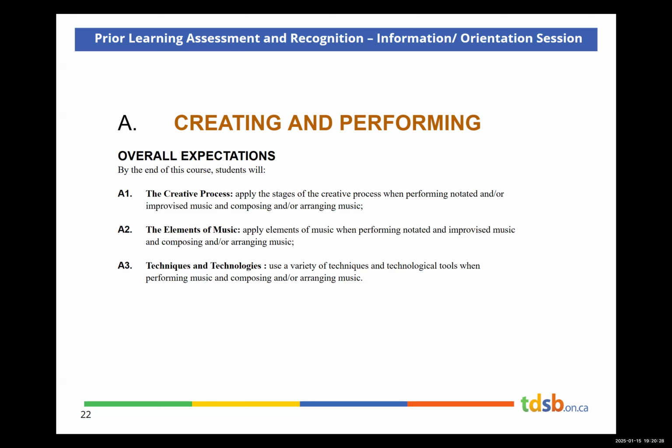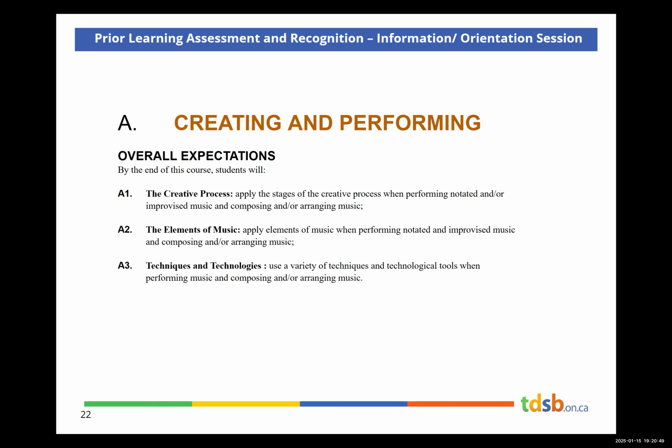And A3, the techniques and technologies, use a variety of techniques and technology tools when performing music and composing and arranging music. And please note that when they say variety, they're not just looking for two.